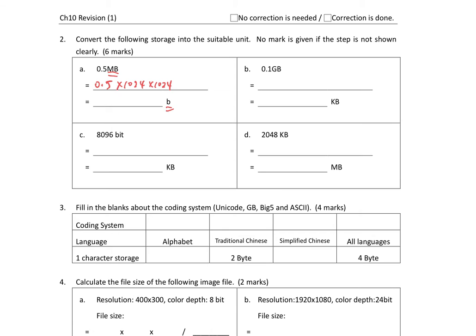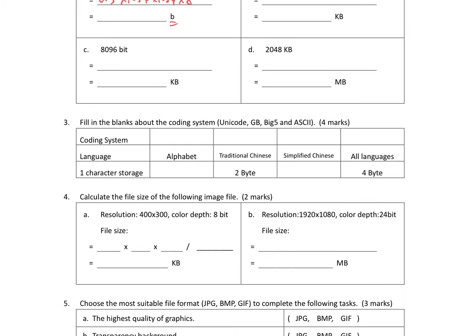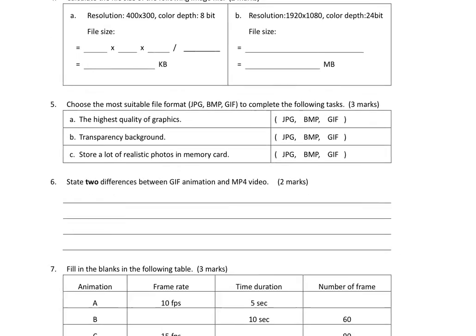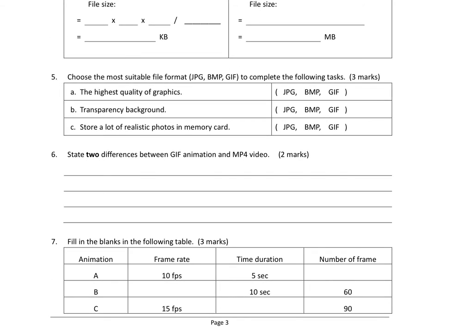Mega multiplied by 1024 two times gives bytes, and then bytes become bits when we multiply by 8. You can use a similar way to solve this problem. Then let's go to question 5.